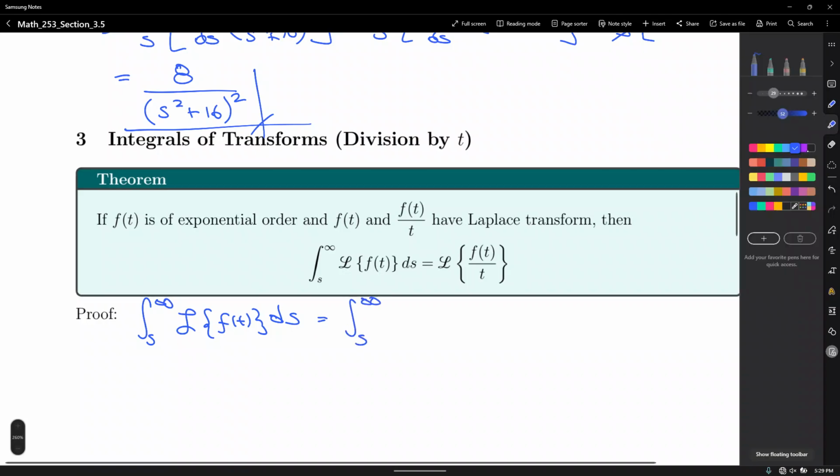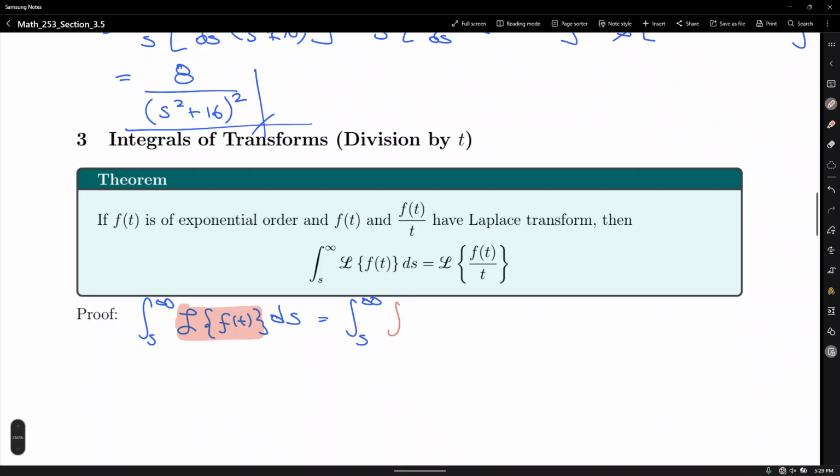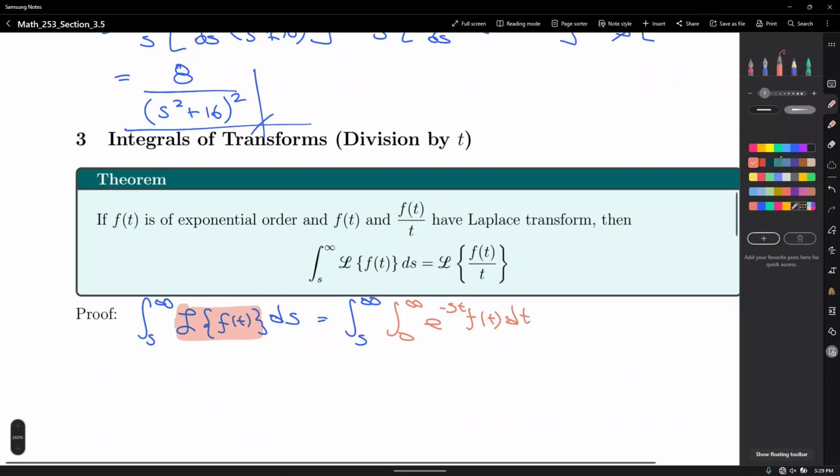And then let me actually highlight, oh, no, no, not all of it, just this part here. Okay, this will be the integral from 0 to infinity of e to the negative st f of t dt, and then let me bring back the ds.